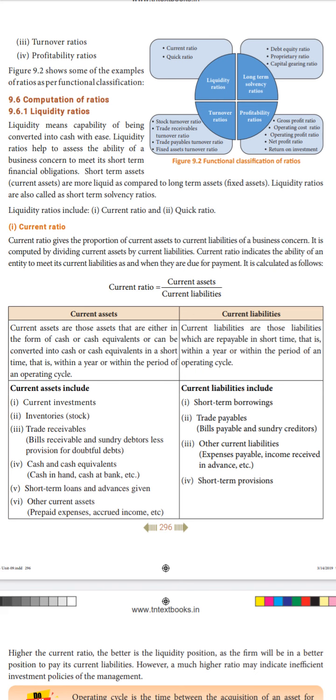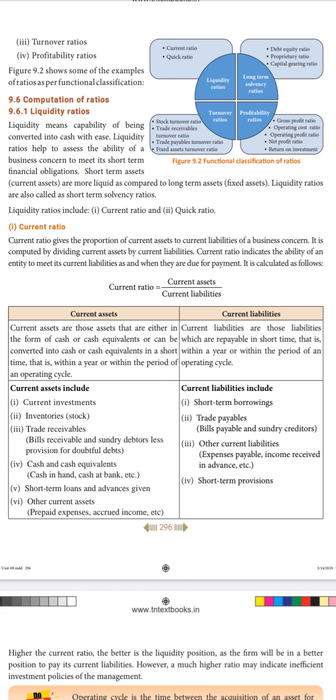Whenever we make a sale, that can immediately be converted into cash. Likewise, you will have cash in hand or cash at bank, which are already cash. So those are also called liquid assets, that is, easily convertible into cash or already in cash.